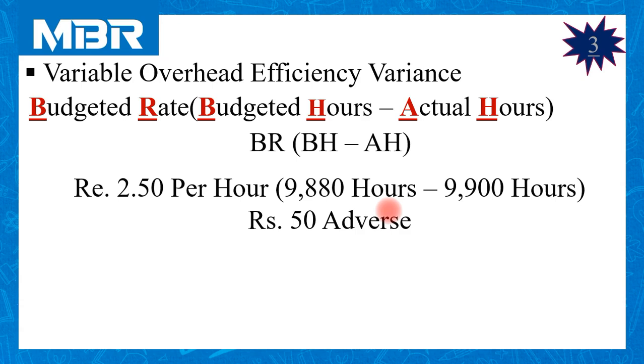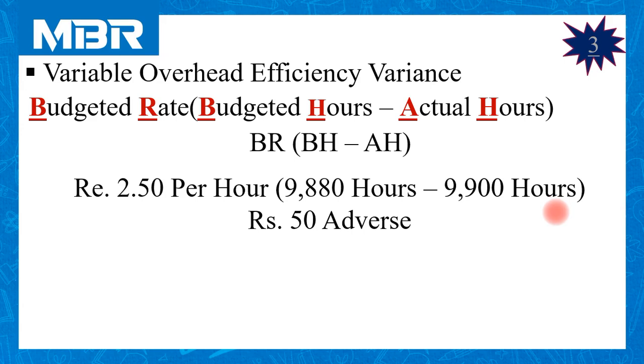When we are taking 20 hours more in order to complete our work, we need to pay more wages or more expenses to our workforce. When we are paying more expenses to our workforce, our total cost goes up and ultimately it affects our profit adversely. Or you can say, instead of 9,880 hours, we have completed our work in 9,900 hours.